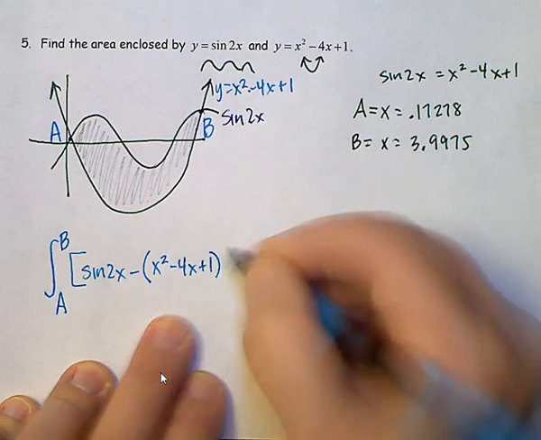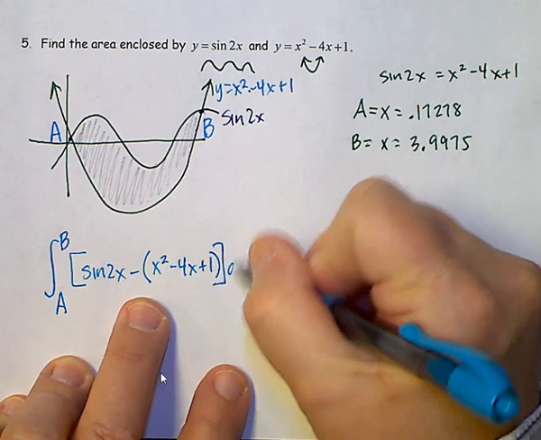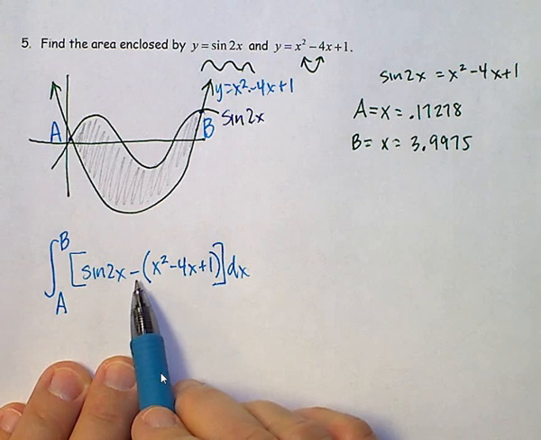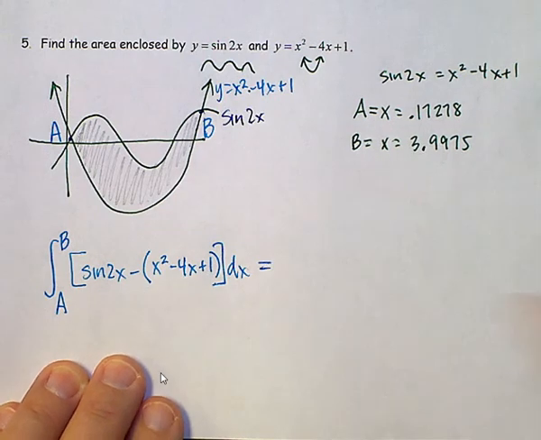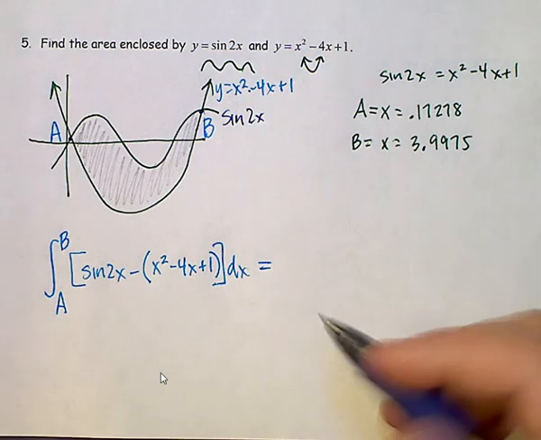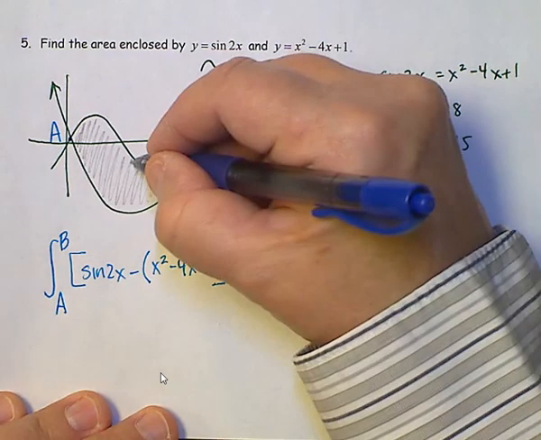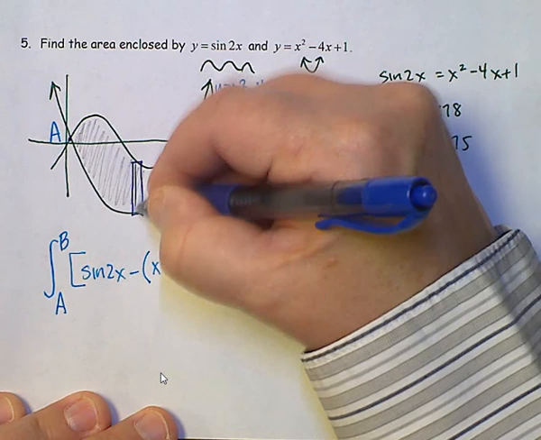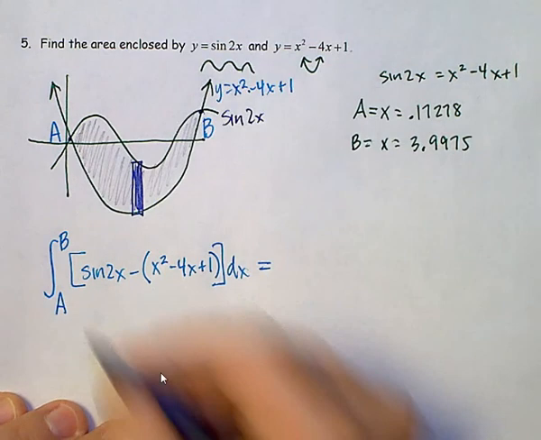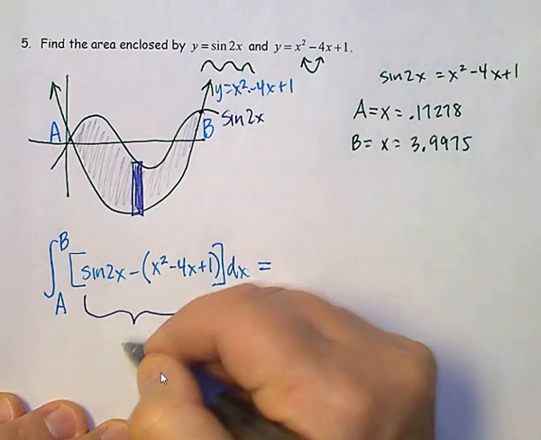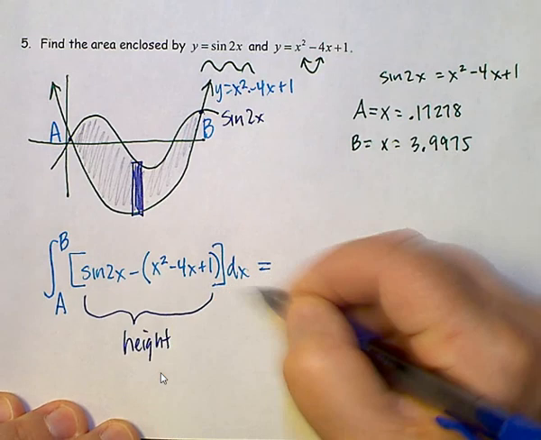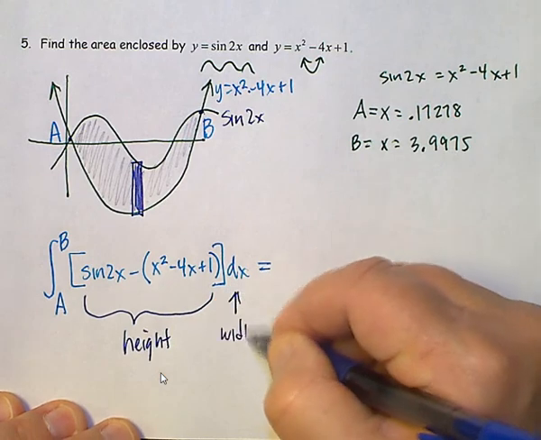Don't forget these parentheses, because you definitely have to treat that negative sign properly. One more time, this is just like summing up a bunch of rectangles, where this is the height and this is the width, right?